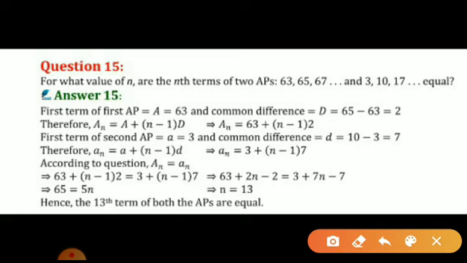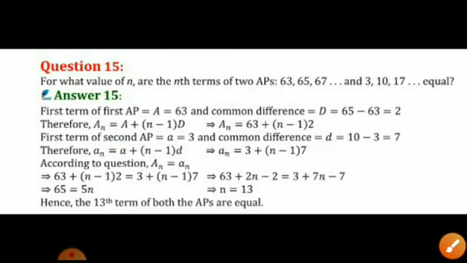Now the common difference for the first is taken as capital D and that is equal to 2. So my nth term will be an is equal to a plus n minus 1 d. Clear? So substitute the value, you will get that equation.